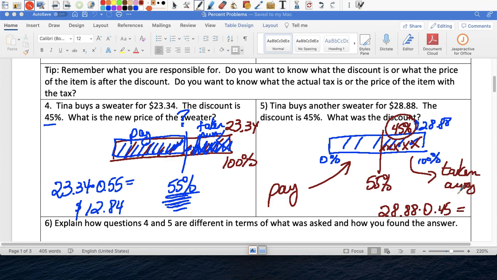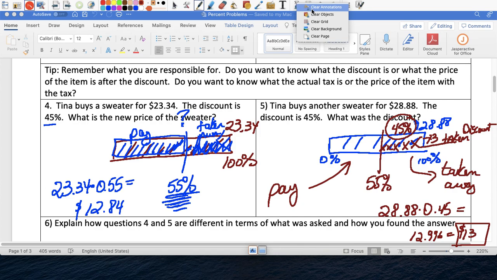So 28.88 times 0.45, your calculator will say 12.996, and you're going to round that to $13. So $13 was taken away from you. And from 28.88 minus 13, that was the discount, the amount taken away. All right, so it's a little different from question 4 to 5, and that helps you answer the next question.